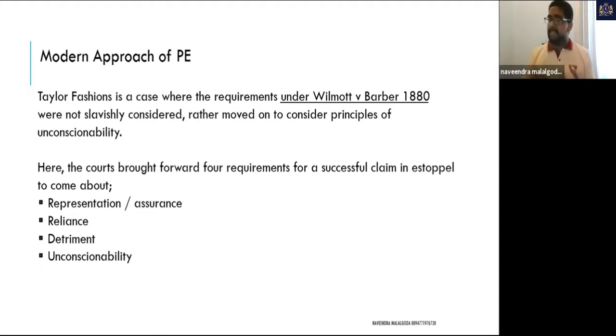But just because there's a representation, if there's a reliance and detriment, doesn't mean that an estoppel can arise. It would arise only if all these three elements acting together would render it unconscionable for you to go back on your promise.